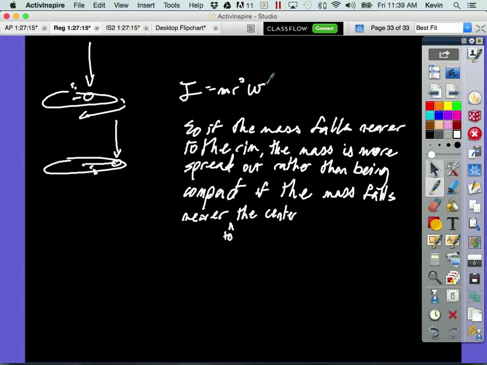So that has to be the same for both of them. And then the angular velocity is the only thing that's going to be different. Hey, pay attention. I might ask you this question next.